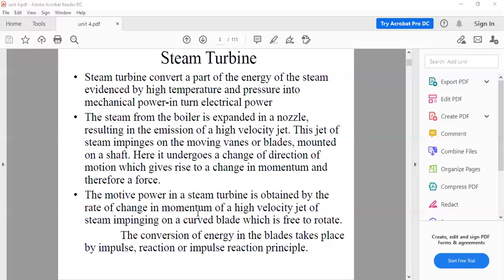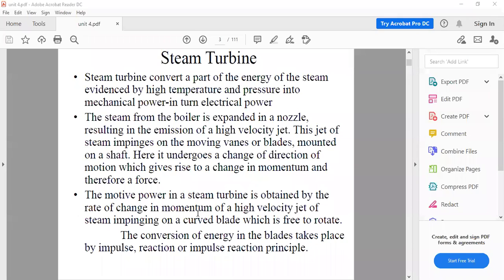So this jet of steam impacts the moving vanes. This steam impacts the blades or moving vanes of the turbine mounted on the shaft. Here it changes the direction of motion, which gives rise to a change in momentum and therefore a force.